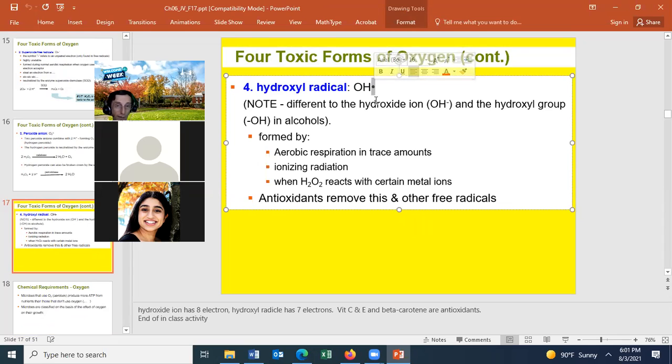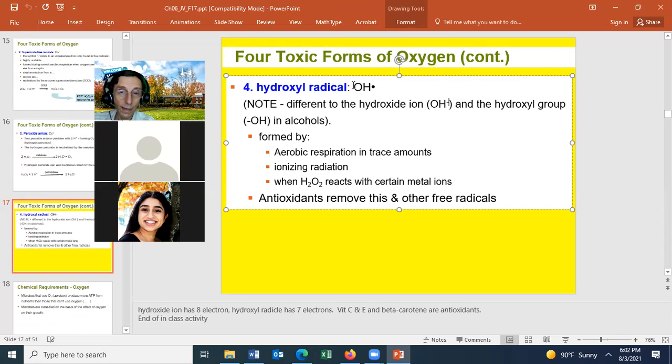And the trouble with the hydroxyl radical is one electron doesn't like staying one electron. It'll bump into another molecule and steal the electron because electrons like to be in pairs. And actually the hydroxide ion with a negative charge has 2 electrons in a pair.